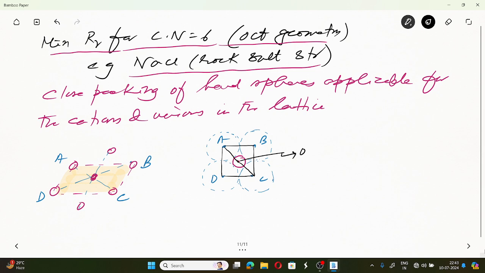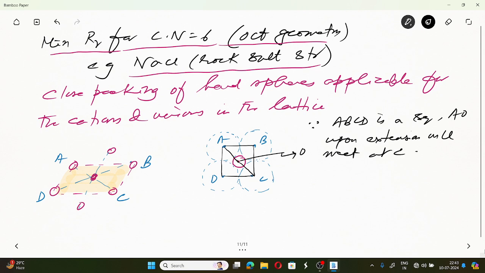ABCD becomes a square, right? So we say since ABCD is a square, AO upon extension will meet at C. Now what is AB?